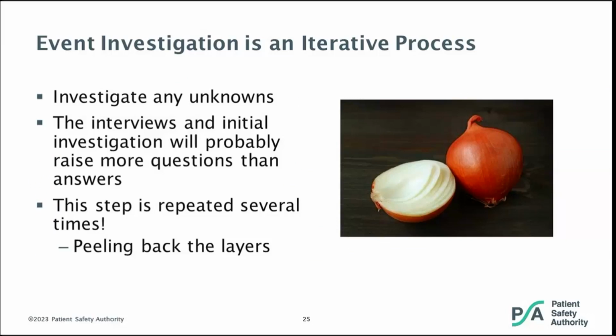The iterative process is often used in event investigations to identify the root cause of an issue. It involves breaking down the problem into smaller parts and analyzing each part separately. This allows you to identify the root cause, but it also helps to develop solutions to prevent it from happening again.